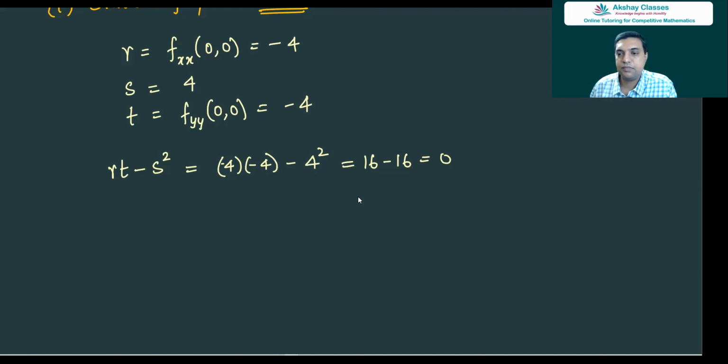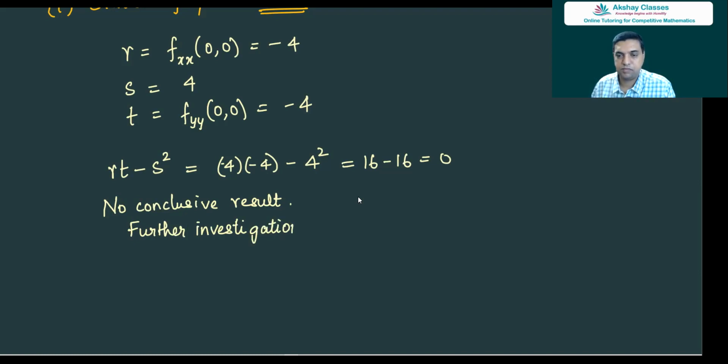So RT minus S square is 0. No conclusive result, so further investigation is required. Now, how to do further investigation?